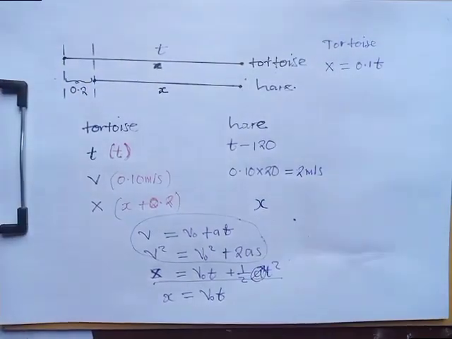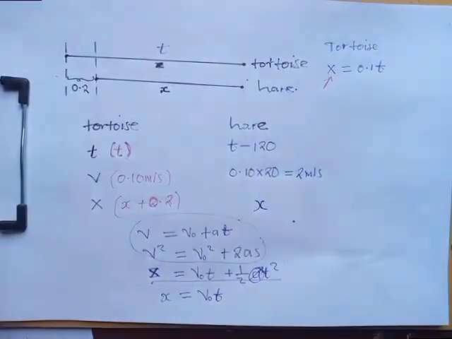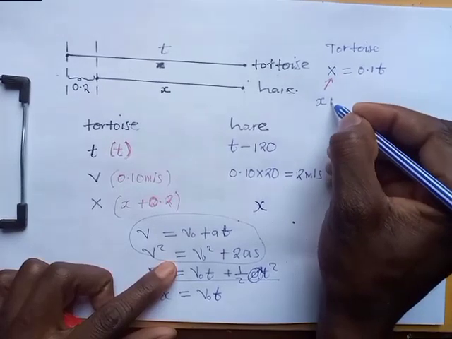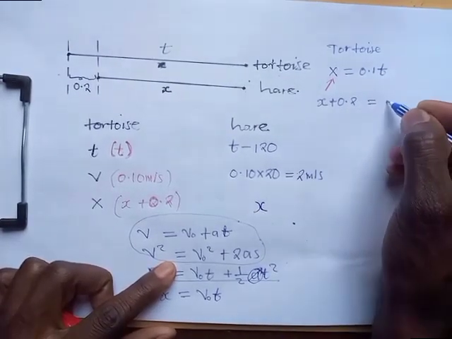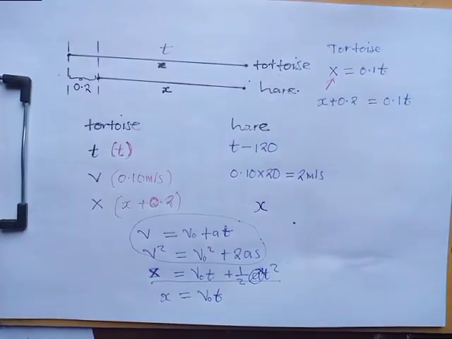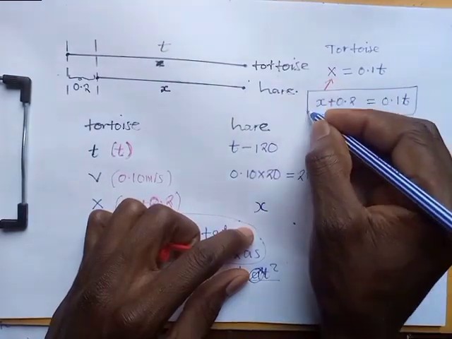But you have to be very careful where there is the displacement, because the displacement for the tortoise here was given as x plus 0.2. So I'll say x plus 0.2 has to be equal to 0.1 t. That was the expression for the tortoise.